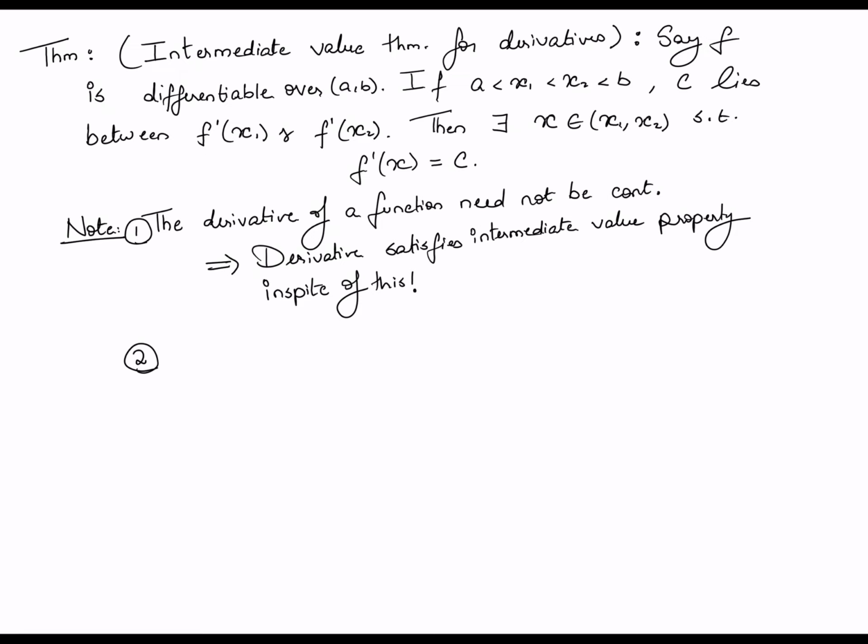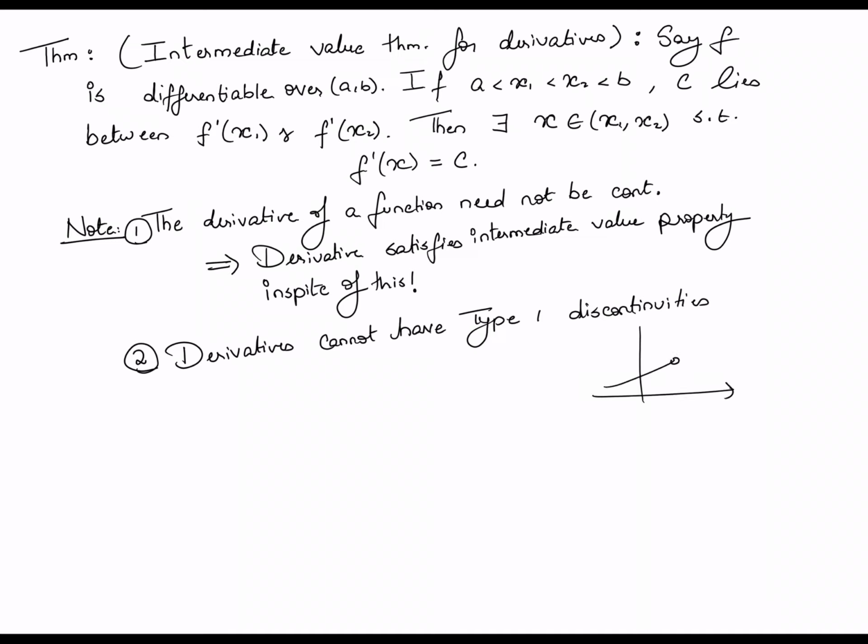is that therefore the derivative of a function cannot have a type 1 discontinuity. Right? So in other words, the derivative of a function cannot look like this. So we know what type 1 discontinuities look like. There is some left limit, let's say there's a function value, and maybe in this example the right limit matches the function value.